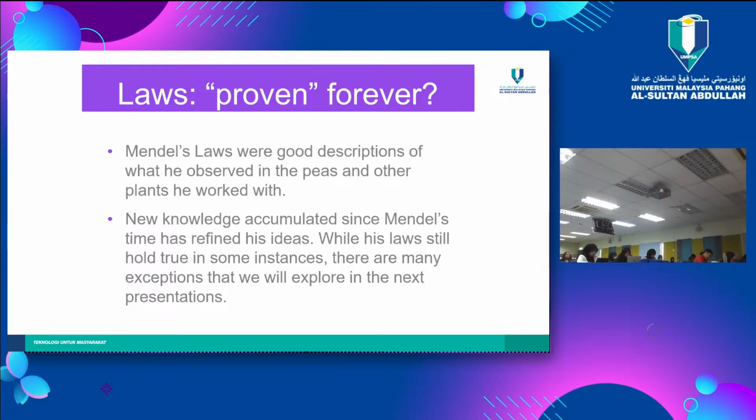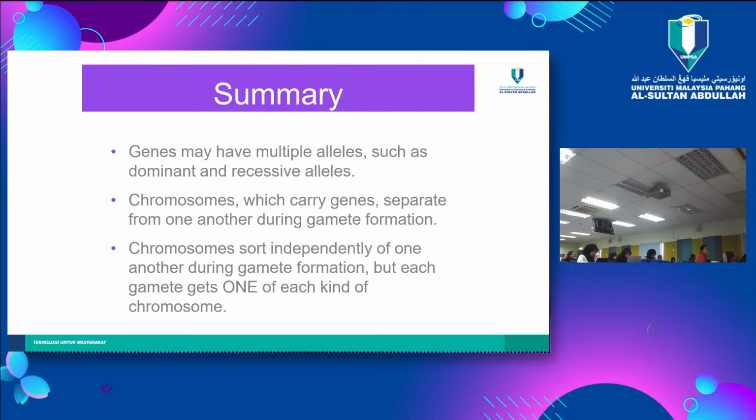So we have codominance, multiple alleles, epistasis. They are going to affect the ratio that we have discussed so far. As we know, genes may have multiple alleles. Depending on the alleles, some may have codominance, some may have incomplete dominance, which we're going to see in later chapters.